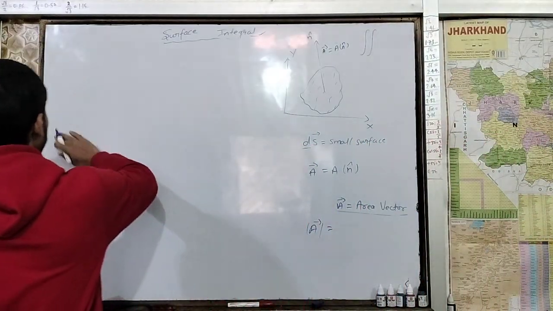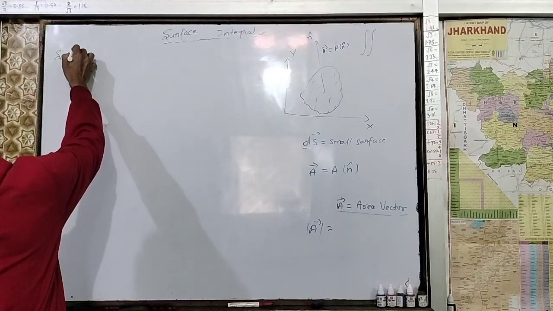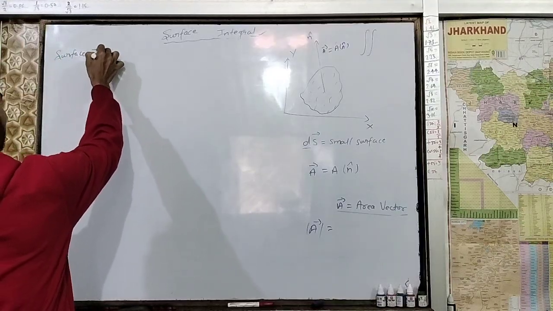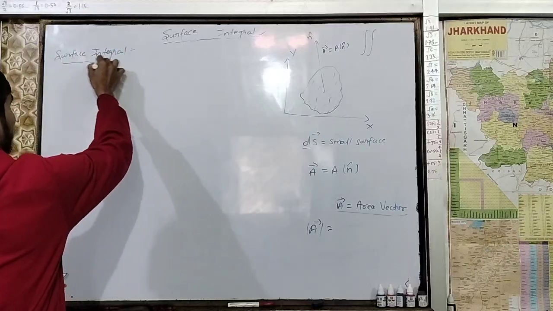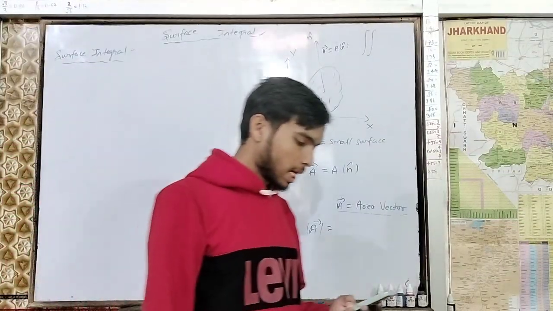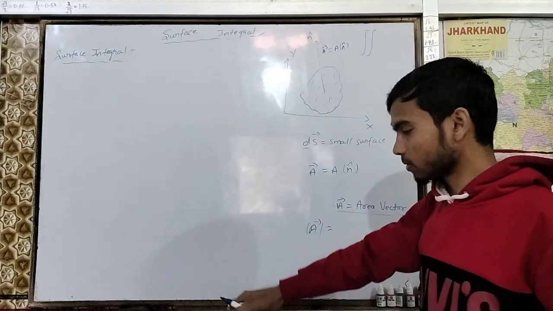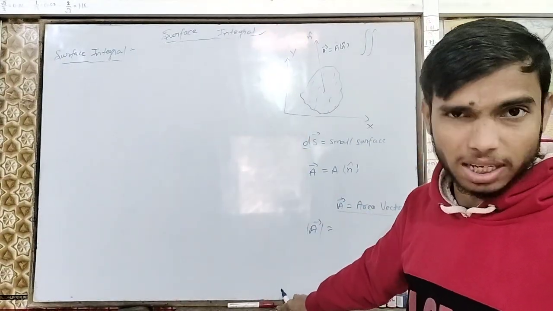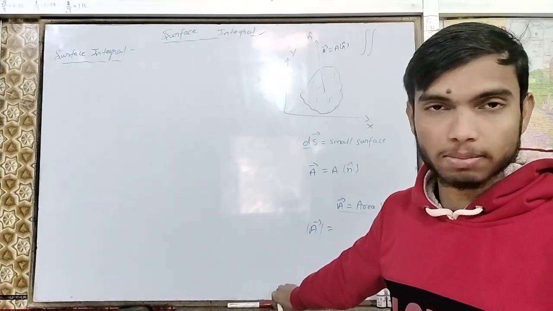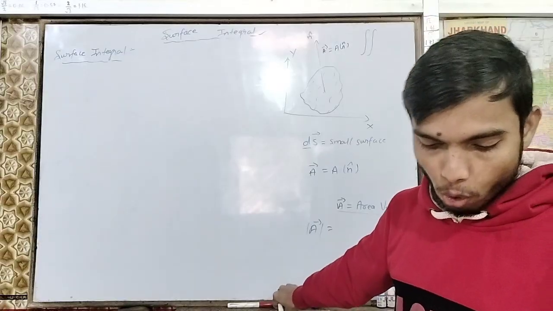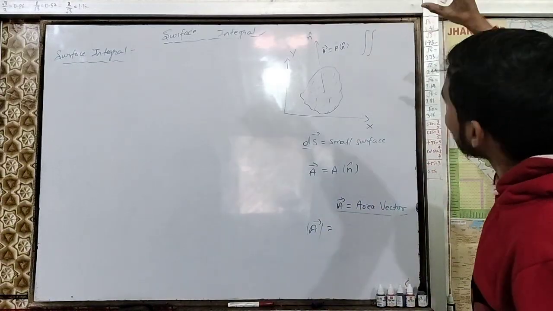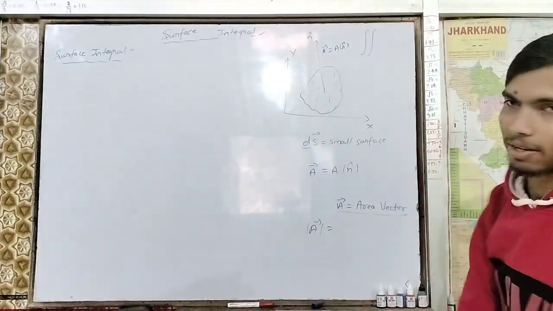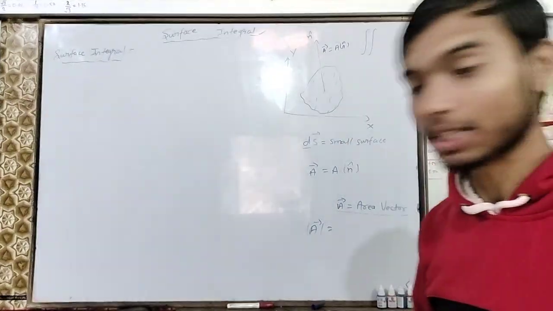So it says, imagine a smooth surface. S means a surface drawn in a vector field. We took this surface in a vector field, and the surface is smooth.